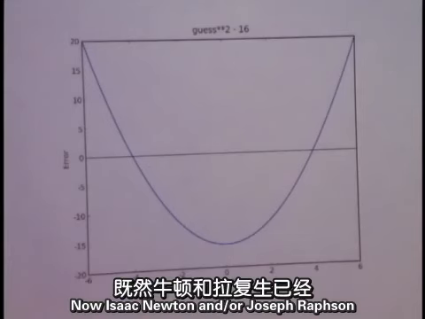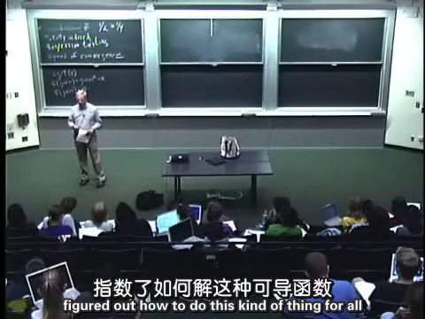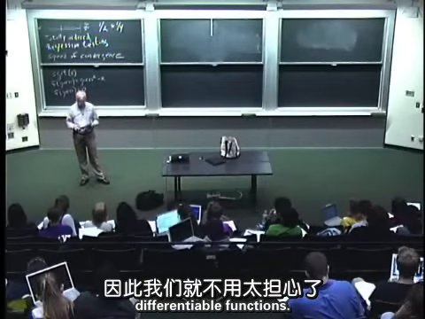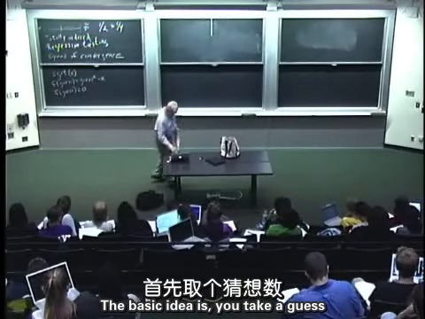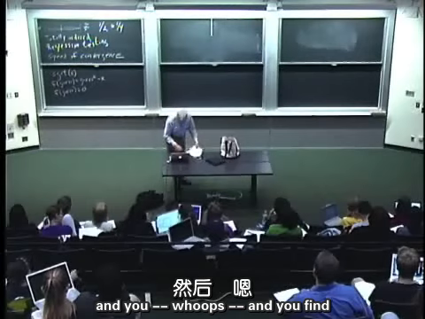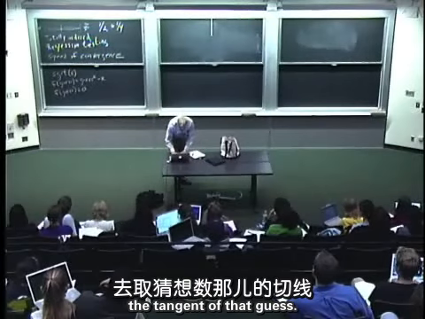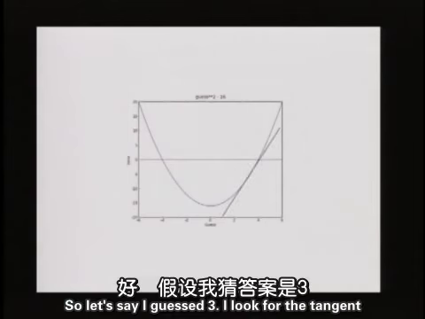Now, Isaac Newton and/or Joseph Raphson figured out how to do this kind of thing for all differentiable functions. Don't worry about what that means. The basic idea is you take a guess and you find the tangent at that guess. So let's say I guessed 3.